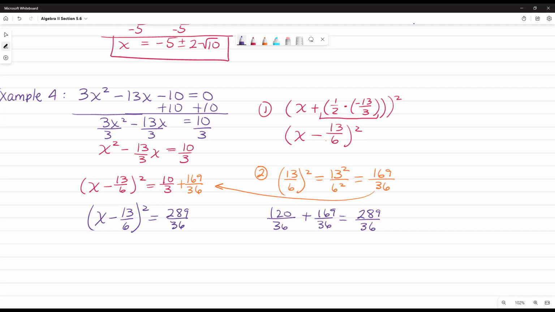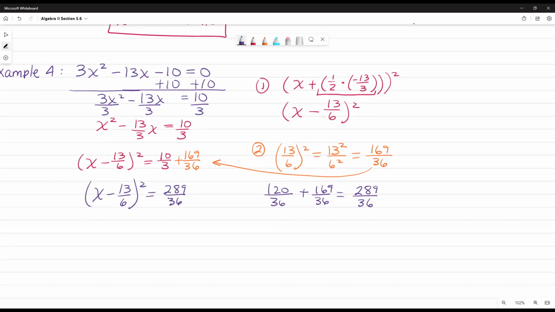And so now we solve. So now we use our square root property. So square root of x minus 13 over 6 squared equals, I'm just going to go ahead and split these guys, square root of 289 over the square root of 36.